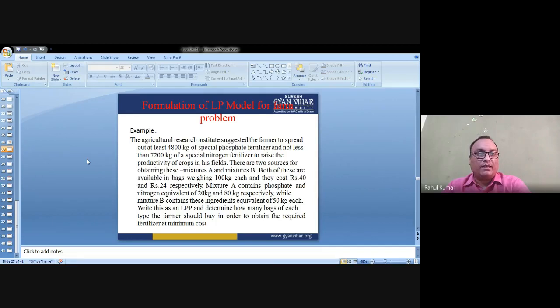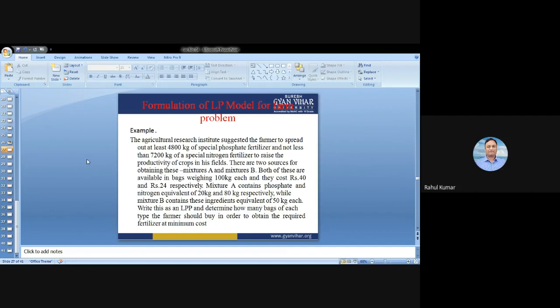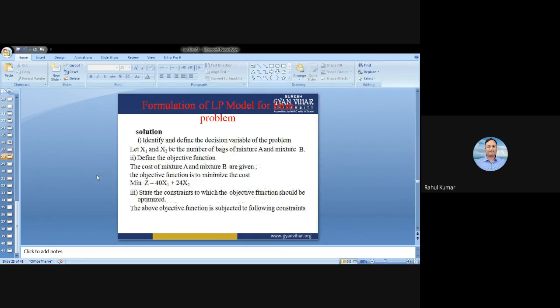Write this linear programming problem and determine how many bags of each type the farmer should buy in order to obtain the required fertilizer at minimum cost. So this is also one type of minimization problem.